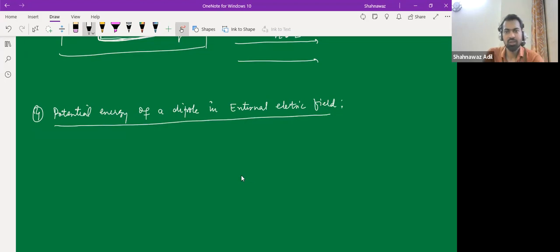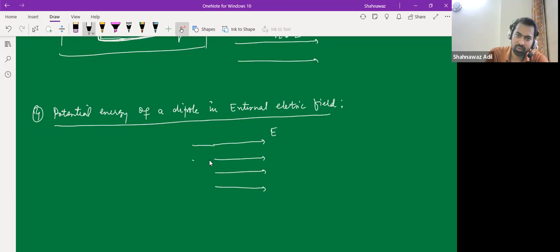Right. So we have a uniform electric field, okay? And then we have a dipole.